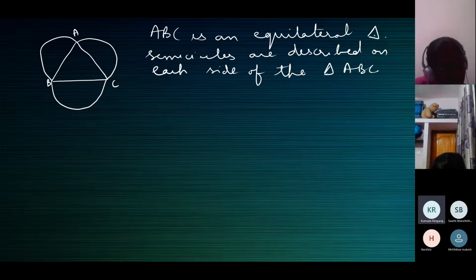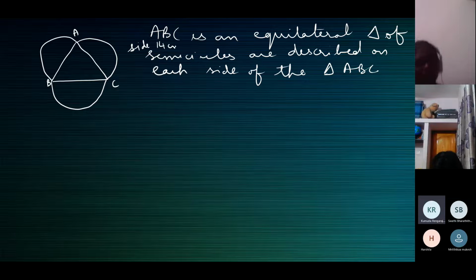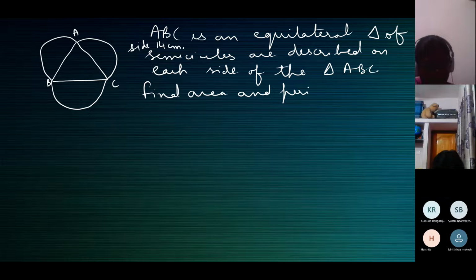Let me say ABC is an equilateral triangle of side 14 centimeters. Semicircles are described on each side of the triangle ABC. Find the area and perimeter of the figure.